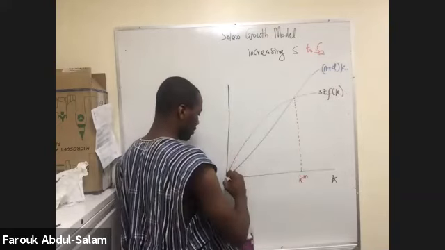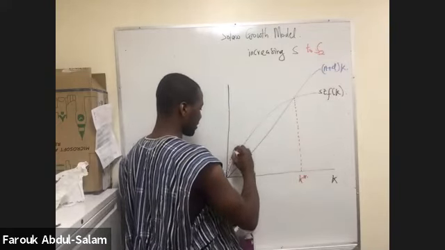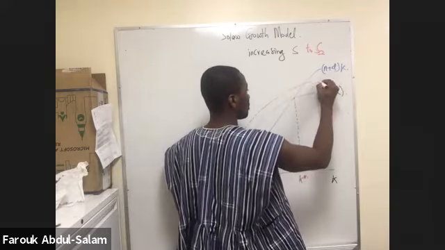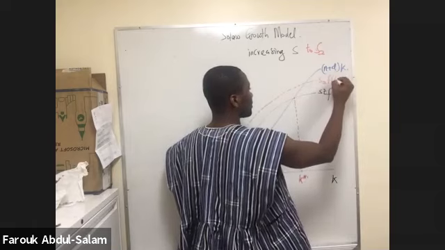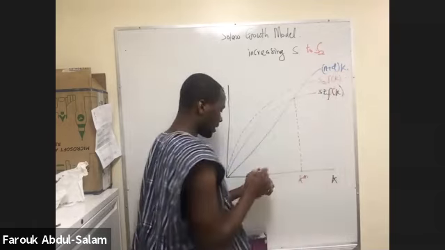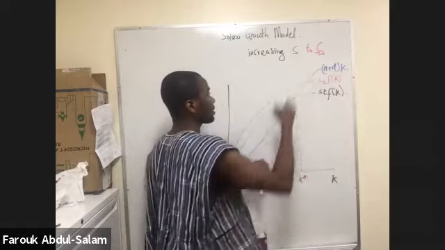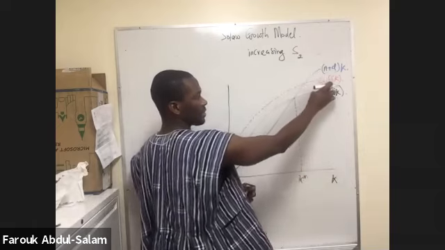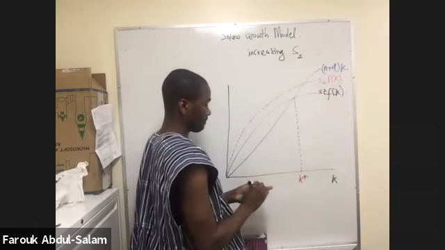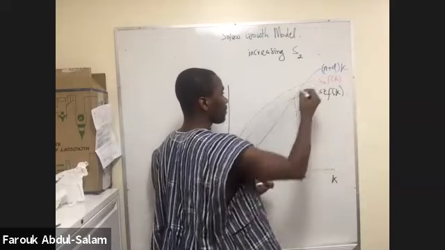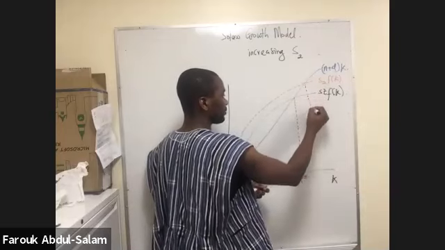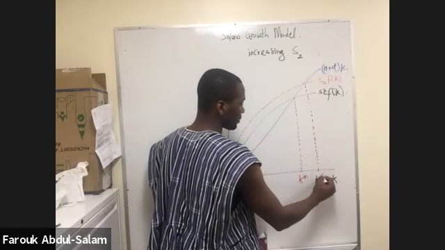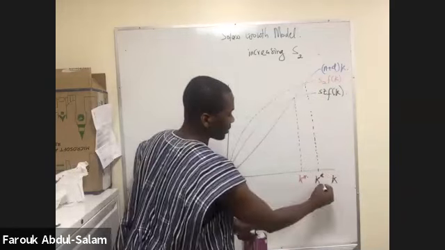As we increase our savings rate to S2, the line goes up, right? And as it goes up, what happens to the steady state value of capital? The steady state value of capital increases to K2.